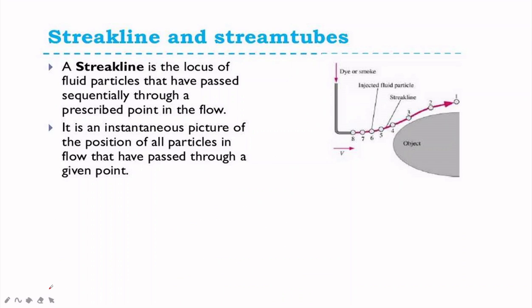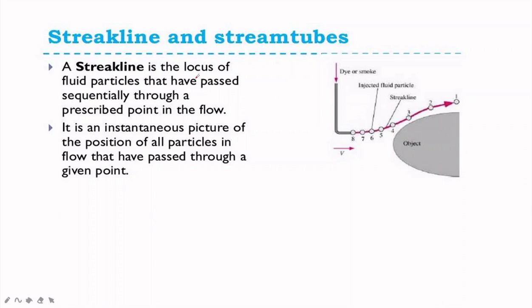Next we will see what a streak line is. A streak line is the locus of fluid particles that have passed subsequently through a prescribed point in the flow. Whenever a point has been prescribed, the line shown by the user along which the fluid is moved through that point is called a streak line.